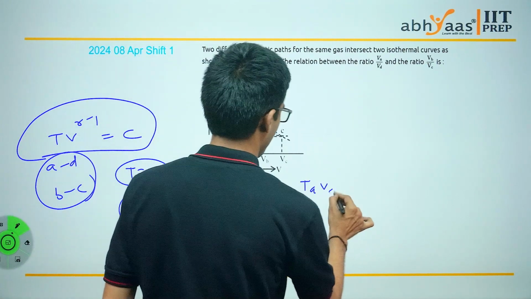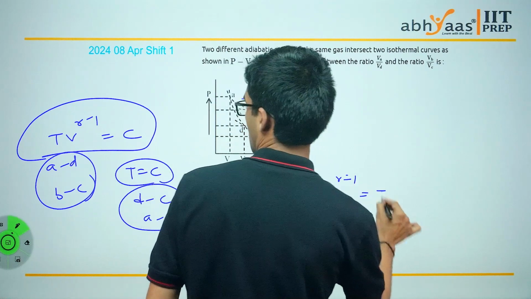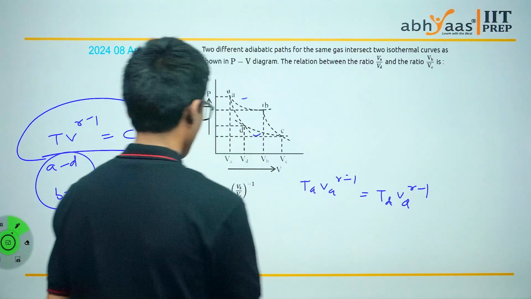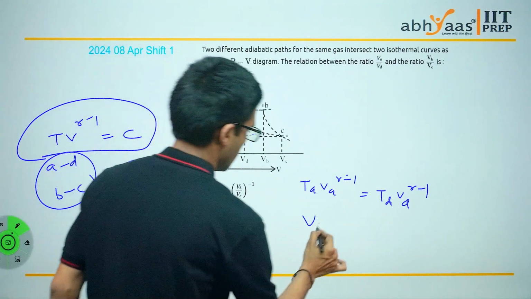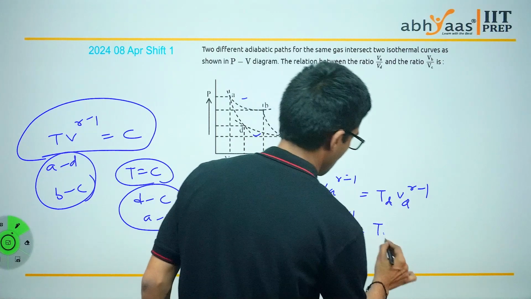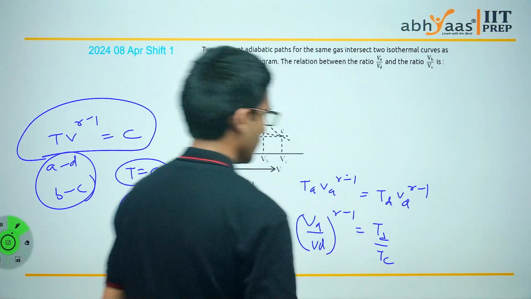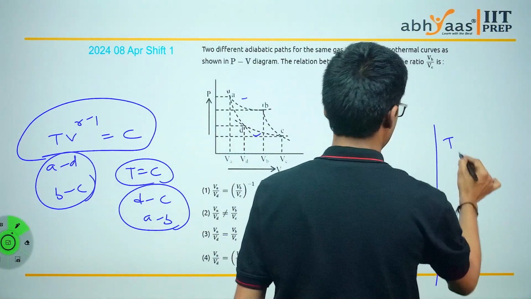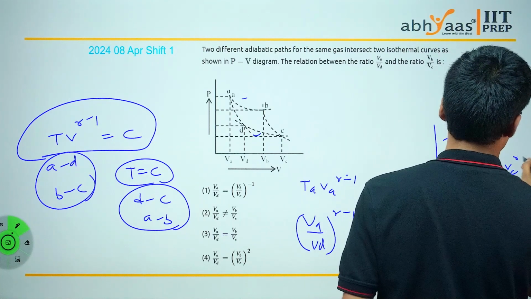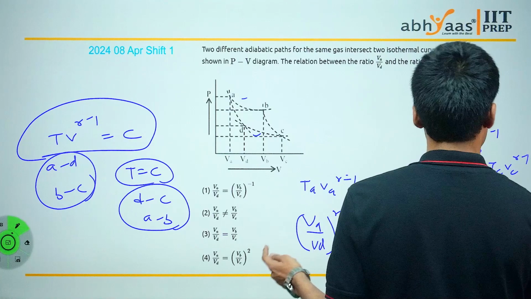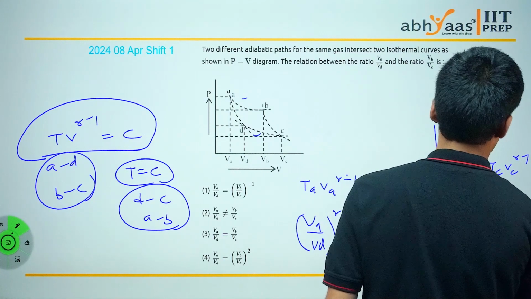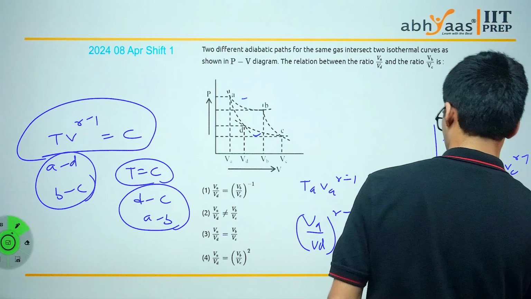TA VA power gamma minus 1 is equal to TD VD power gamma minus 1. What we want is VA by VD. VA by VD power gamma minus 1 equals TD by TA. Another process is also there: TB VB power gamma minus 1 equals TC VC power gamma minus 1. So VB by VC power gamma minus 1 equals TC by TB.